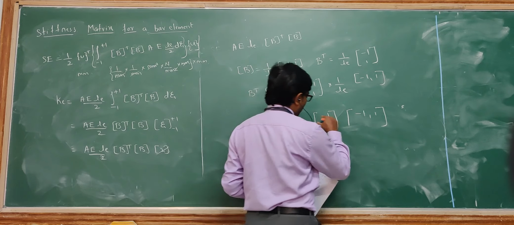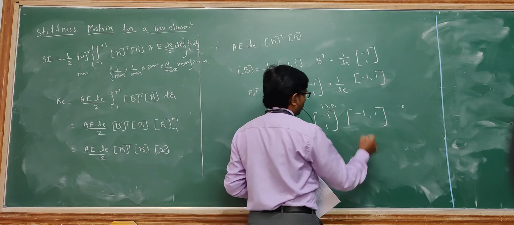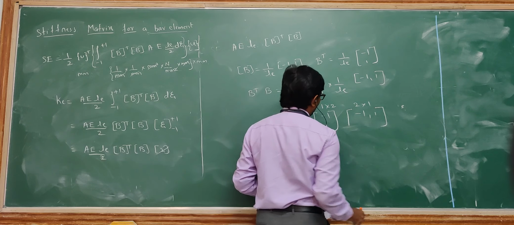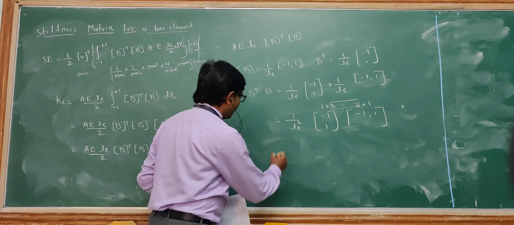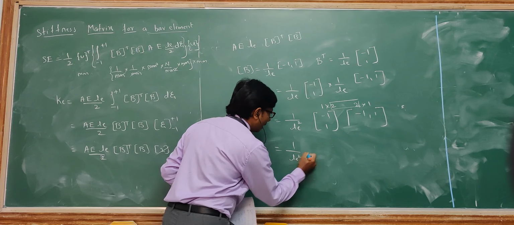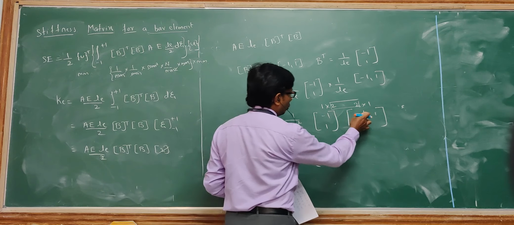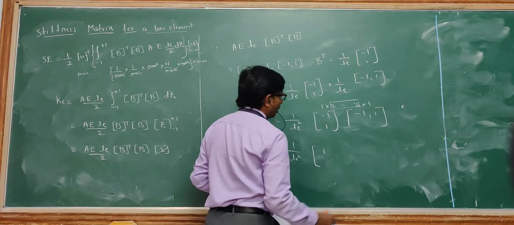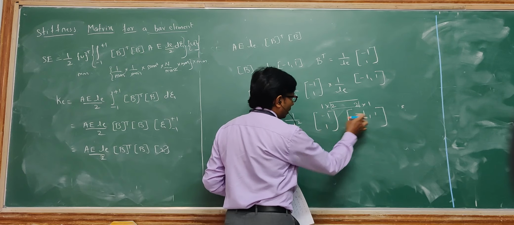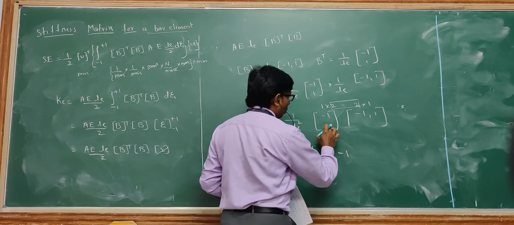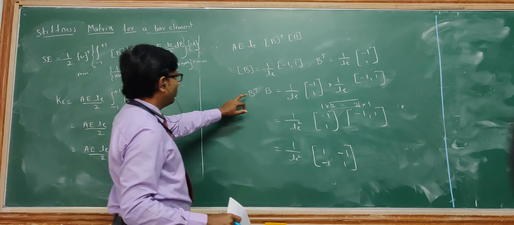One column and 2 rows times 2 columns and 1 row, so it will be a 2 by 2 matrix. So 1 by LE square: minus 1 into minus 1 becomes 1, minus 1 into 1 becomes minus 1, 1 into minus 1 becomes minus 1, and 1 into 1 becomes 1. So this is the multiplication for B transpose into B.